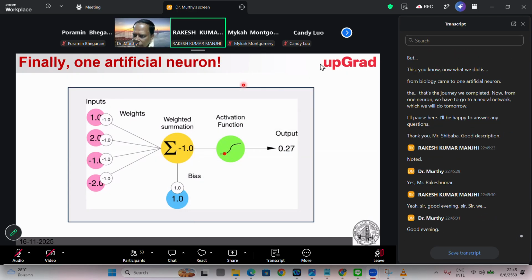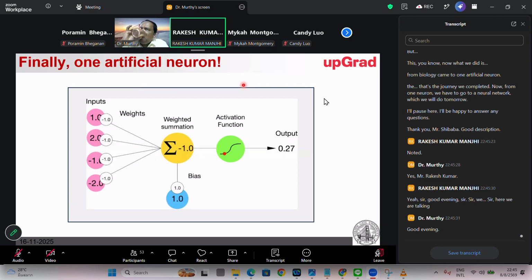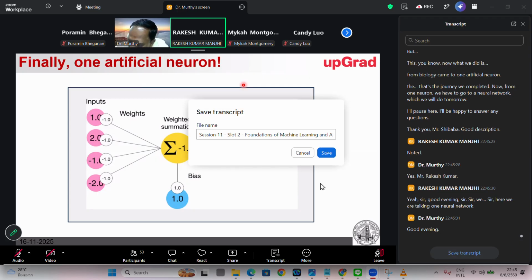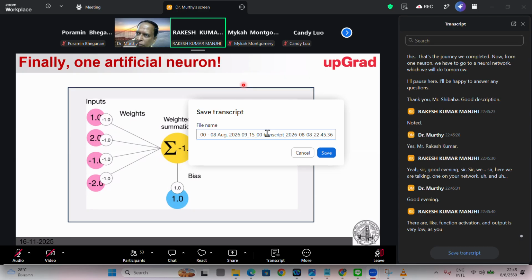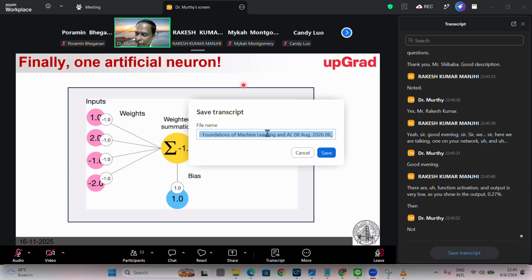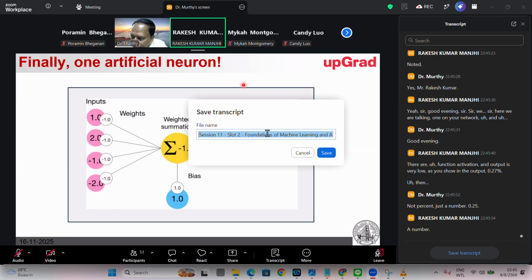Sir, here we are talking about one neural network, and there is an activation function, and the output is very low as you show in the output, 0.27. Not percent, just a number.